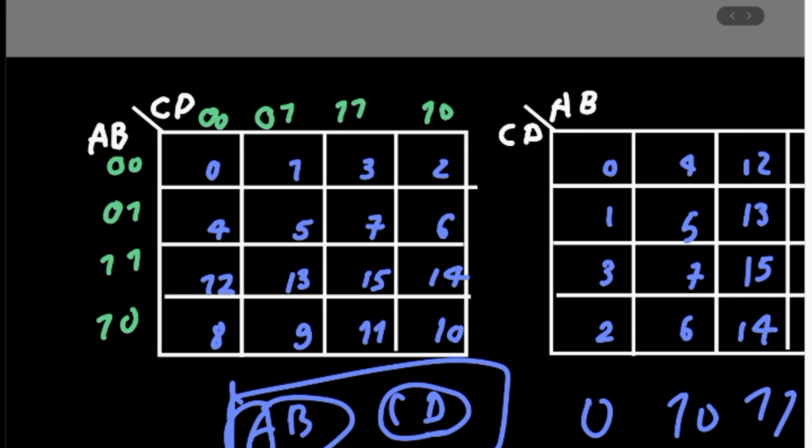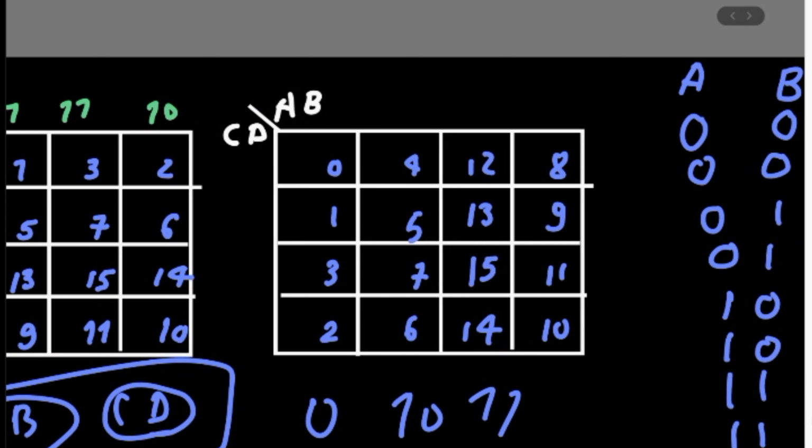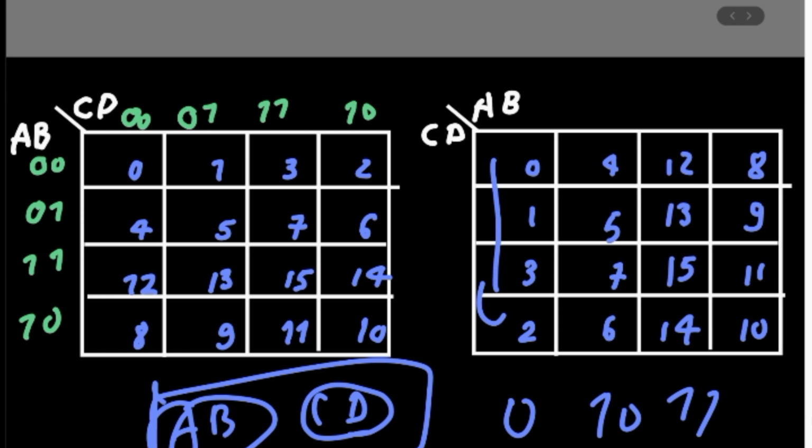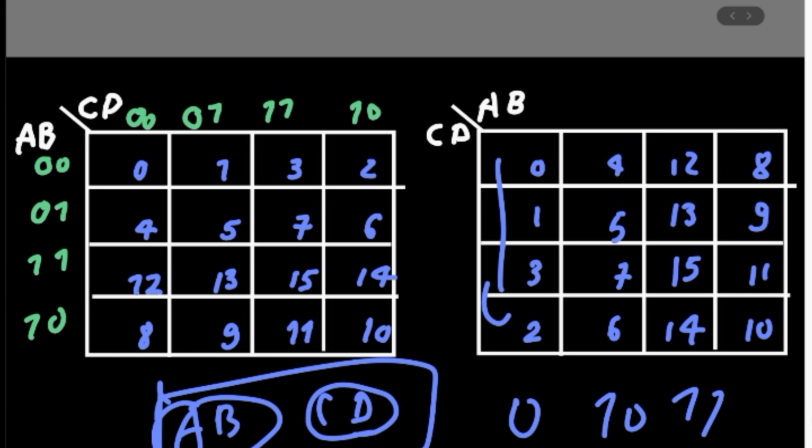Similarly, as CD becomes rows and AB becomes columns, so does the numbering. So the numbering, as you can see here, becomes just the opposite. It has become horizontal, so it has become 0 1 3 2, 4 5 7 6, 12 13 15 14, 8 9 11 10, same as before, but the numbering has changed.